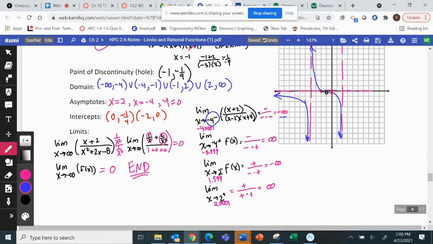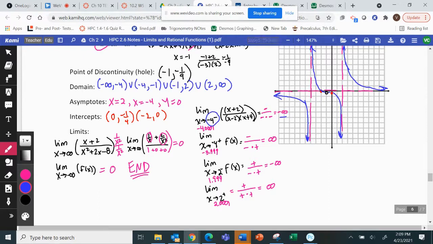And to the right of 2, we're going up. So that was a total rough sketch, just using my limits. I don't know exactly what points it's passing through at this moment. Do you guys see how it passes through the horizontal asymptote? So it's allowed to do that.